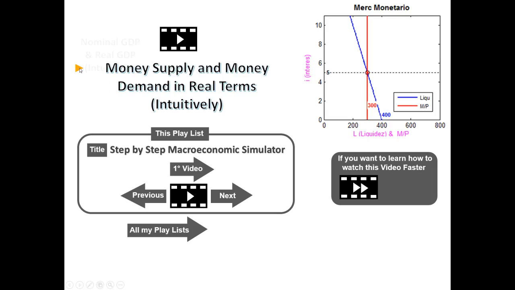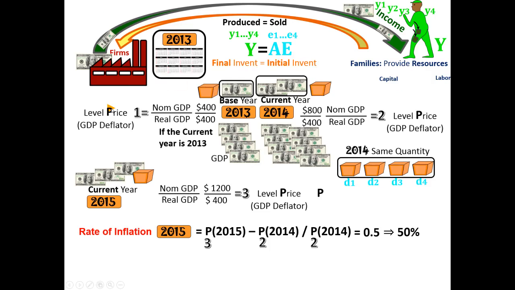In the video titled Nominal GDP and Real GDP Intuitively, in this playlist, you can see that the price level, or GDP deflator, is nominal GDP divided by real GDP. You can watch the video again if you don't remember.